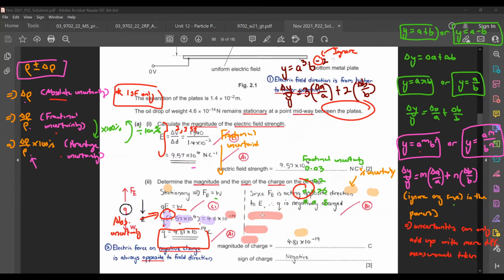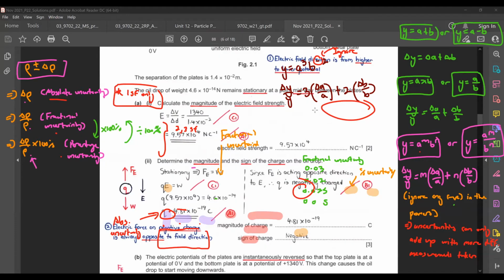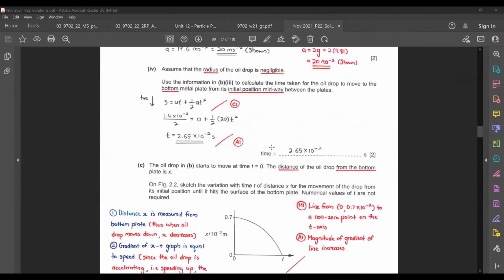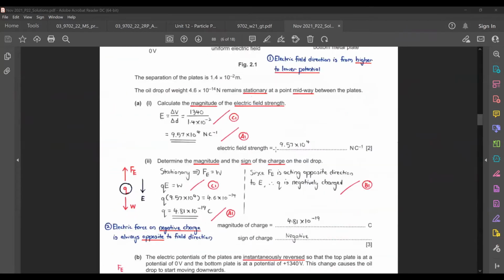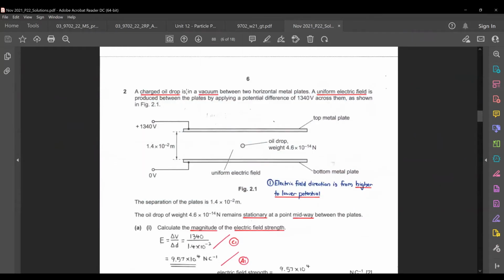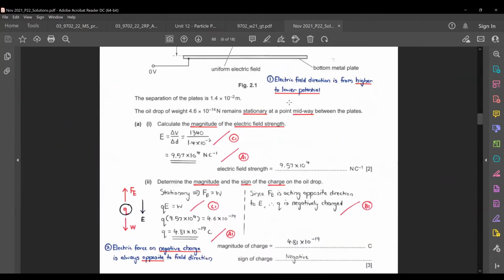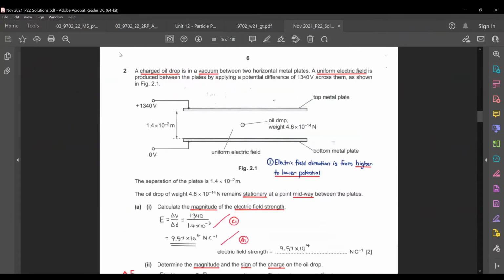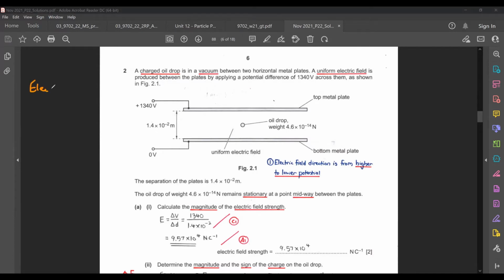Okay, right, so this one is okay. This one is question 1. Then we move on to another part. Question 2 onwards, question 2 is on electric field.